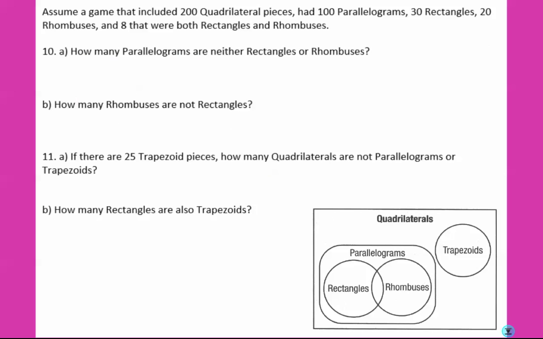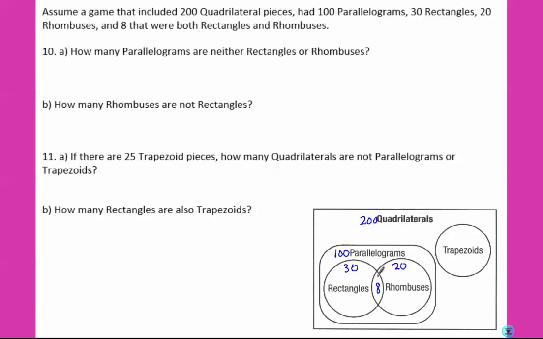Now let's put some numbers into our Venn diagram. So assume a game that included 200 quadrilateral pieces. So we know there are 200 quadrilaterals, 100 parallelograms, 30 rectangles, 20 rhombuses, 8 that were both rectangles and rhombuses.